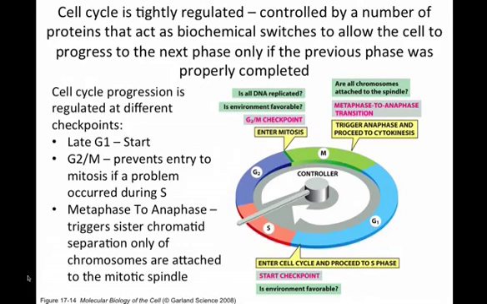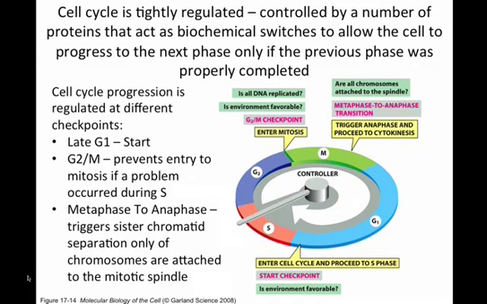Yes? Is G0 when we're stuck at a checkpoint, or is it some other point in the cycle that we're not seeing? G0 is actually before you go into S phase specifically. When you're stuck at a checkpoint, it could be anywhere.